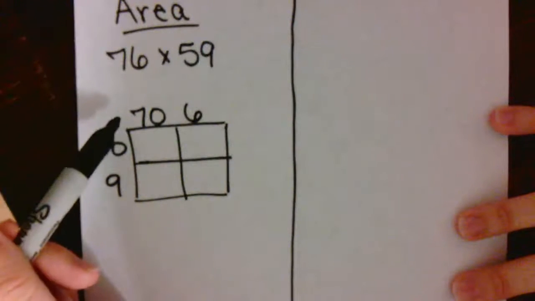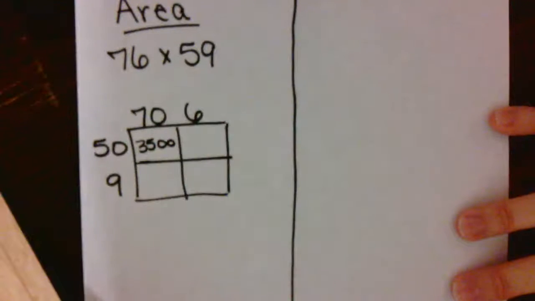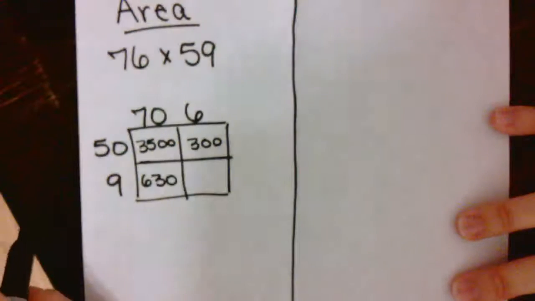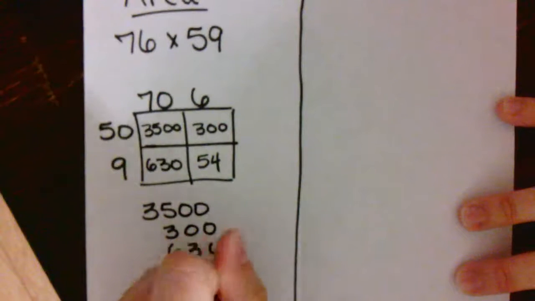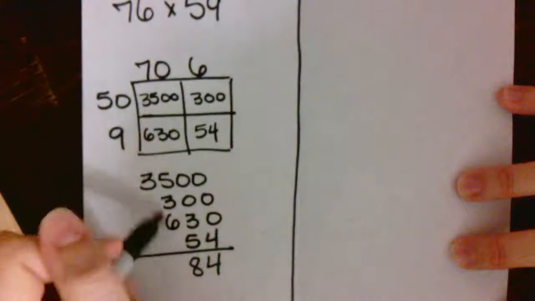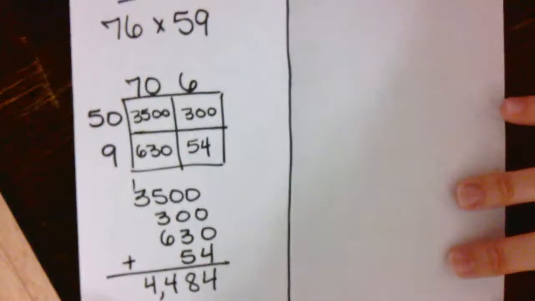So starting here, 70 times 50 is 3,500. 6 times 50 is 300. 70 times 9 is 630. 6 times 9 is 54. And then I add all of my products, getting the answer 4,484.